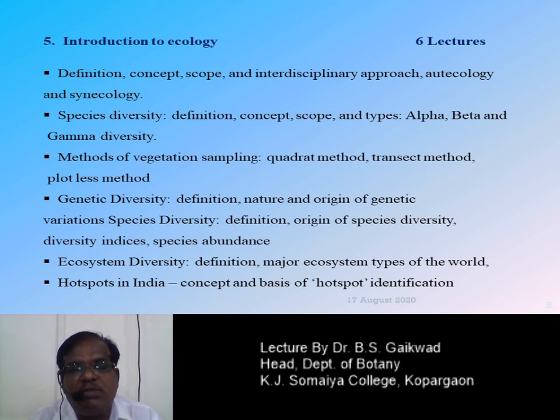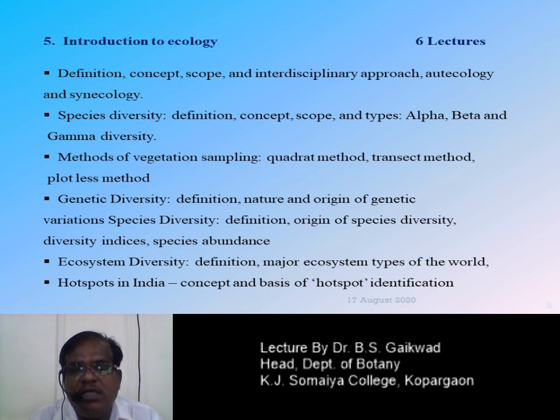Then ecosystem diversity: the definition and major ecosystem types of the world, that is, they may be aquatic as well as terrestrial, natural as well as man-made. Different types of ecosystem diversity are studied.